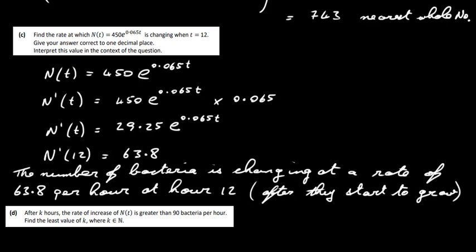So at hour number 12, the rate is changing by 63.8 bacteria per hour. At hour 12, in other words. Okay, so that's part C.